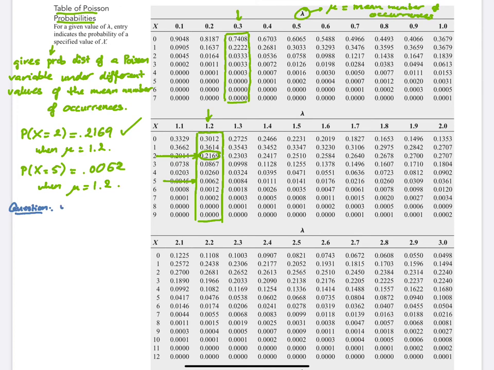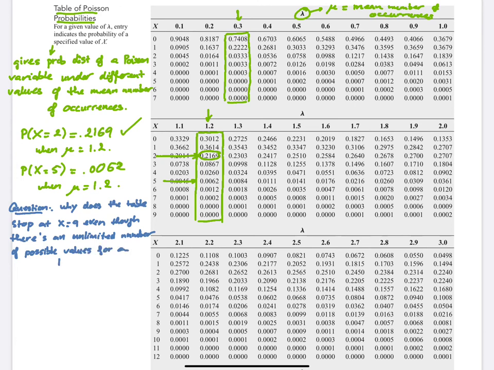For this table, why does the table stop at x equal to 9 even though there is an unlimited number of possible values for a Poisson? Does everybody understand the question?